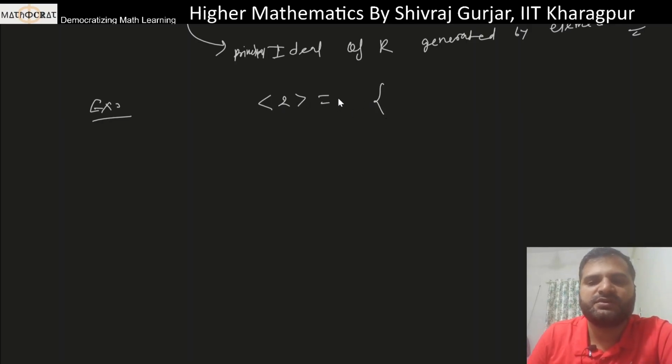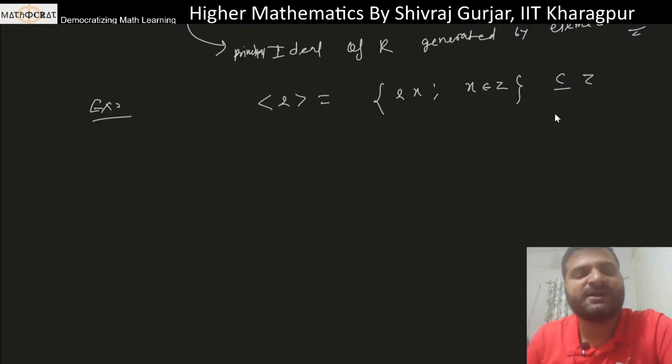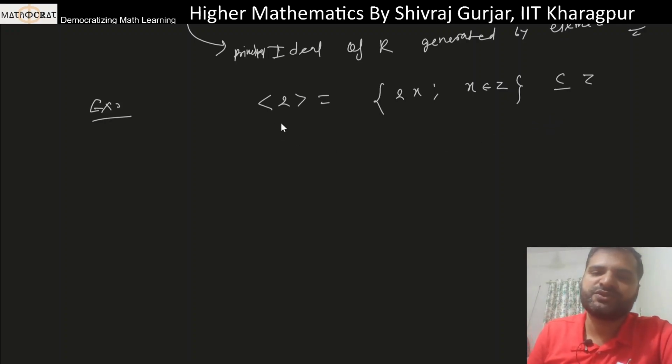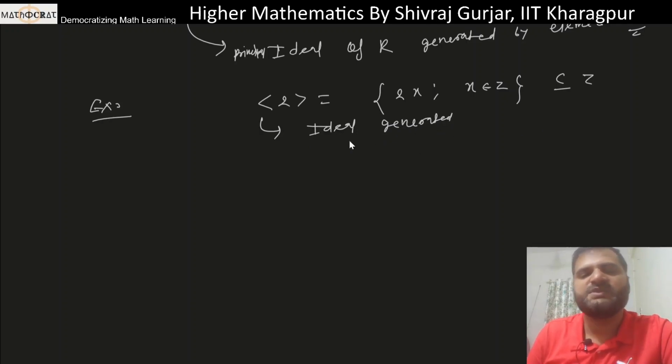We can write this as 2x, where x belongs to Z. Then this will of course be a subset of Z. So this is the ideal of Z generated by 2, the principal ideal generated by 2.